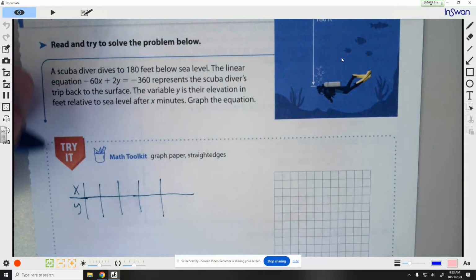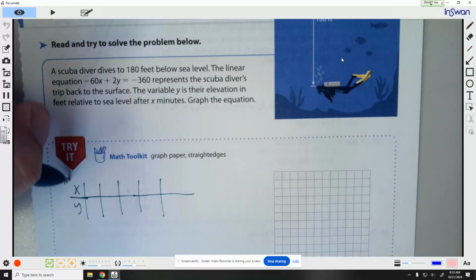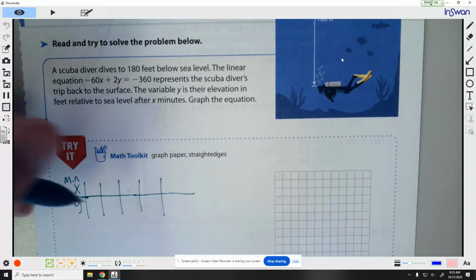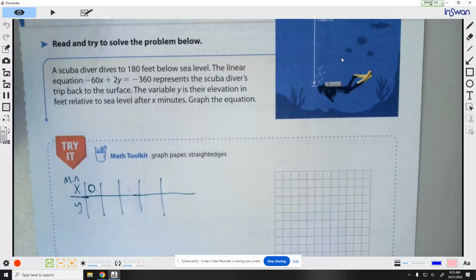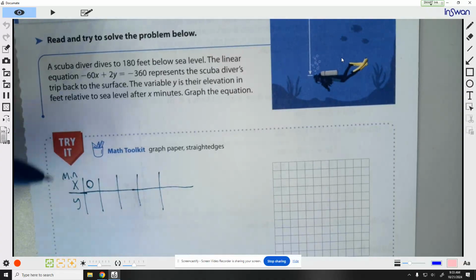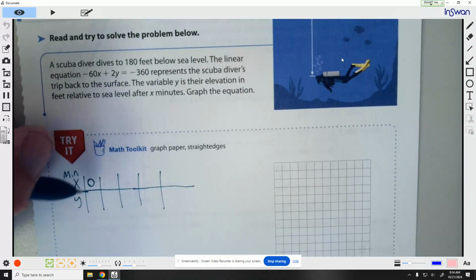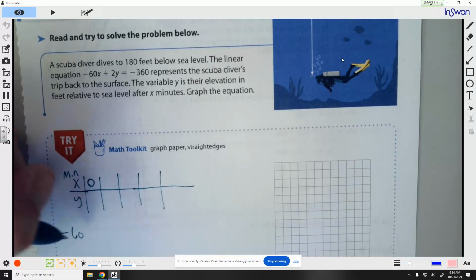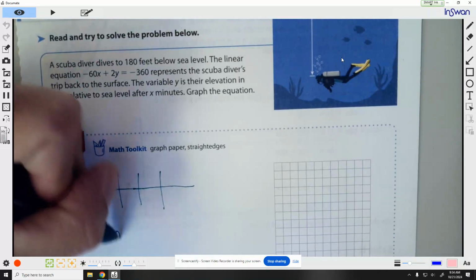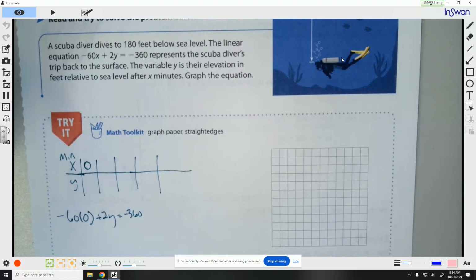Okay, so x we see in this case is our minutes, so that's our time. And I always start off with 0 if I can, because 0 is an easy number to plug into any equation. So my work, if I'm going to use 0 to plug into the equation, would be negative 60x, that's multiplying, so times 0 plus 2y equals negative 360.